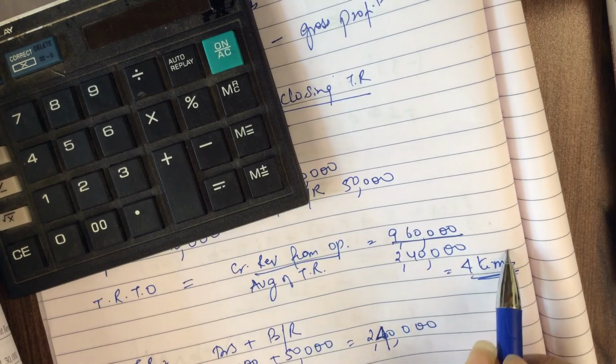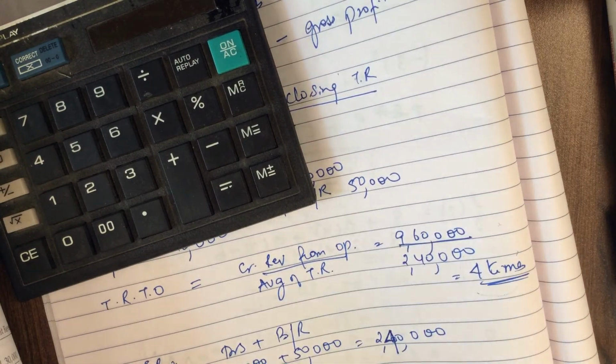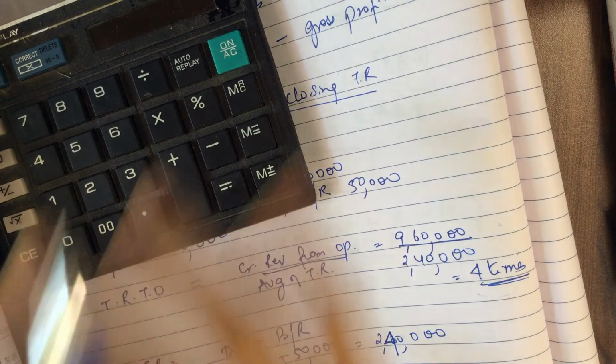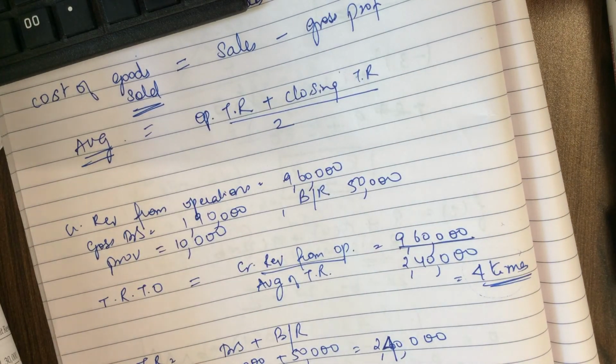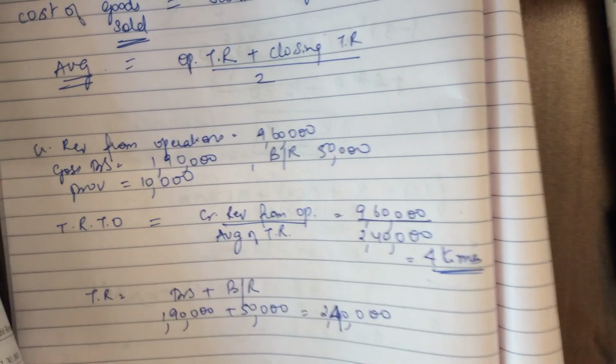If the ratio is less, it means I'm taking a lot of time to recover my money from my debtors. So understand what this ratio helps me with: how many times in a year I am able to recover the money from my debtors. That is the purpose of the ratio. I hope the concept is clear in this video.